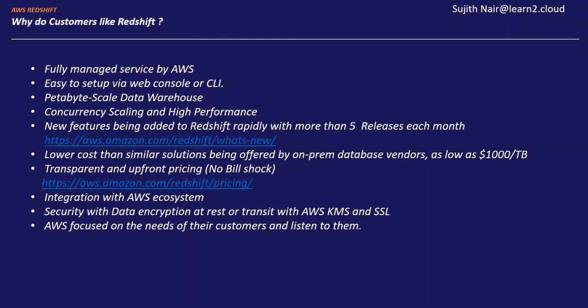Now, if I had an on-prem data warehouse or an on-prem database, it would have cost me at least $500,000. So having what is known as a cloud solution like Amazon Redshift is substantially cheaper than using an on-prem database vendor or enterprise software vendor.